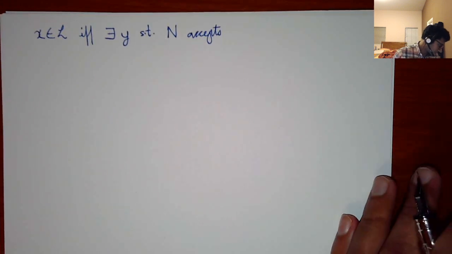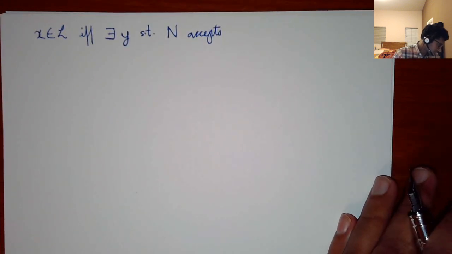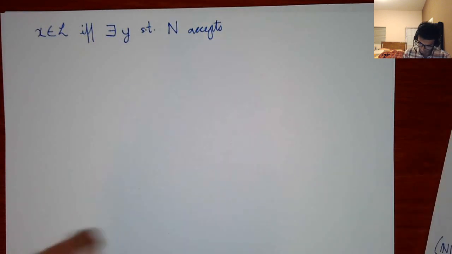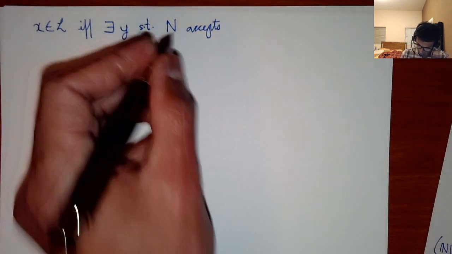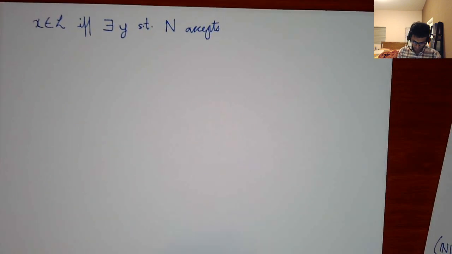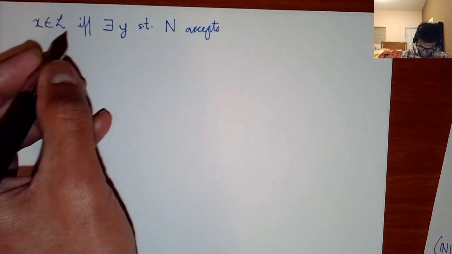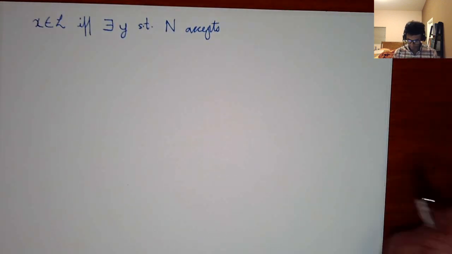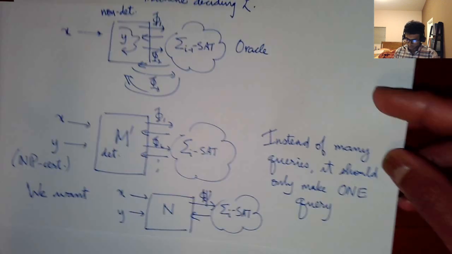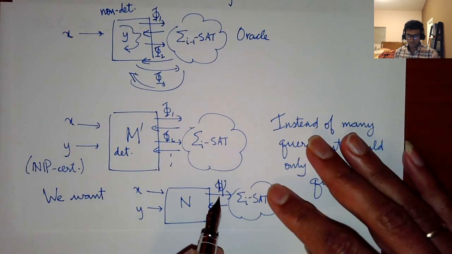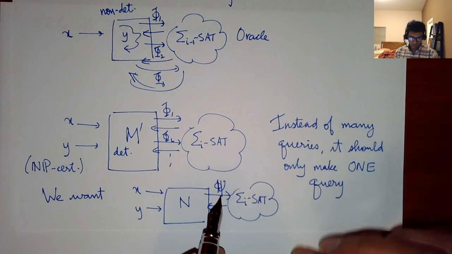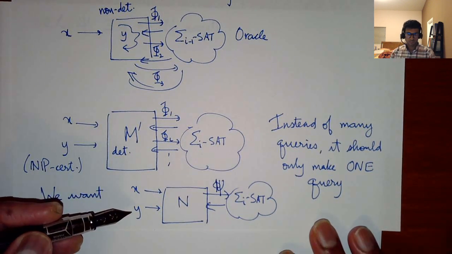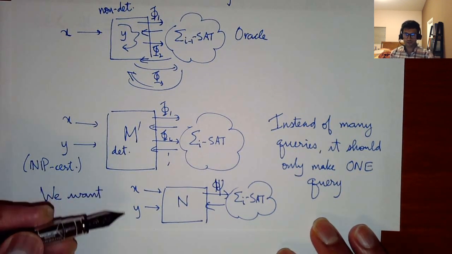Now, let me write this as: N accepts. And note that C is just some polynomial time computable function of x and y.